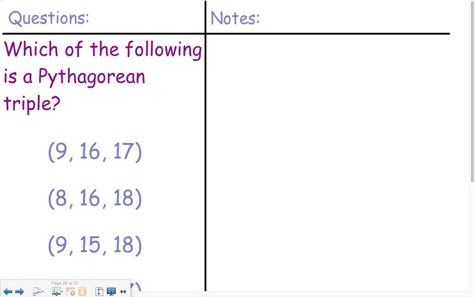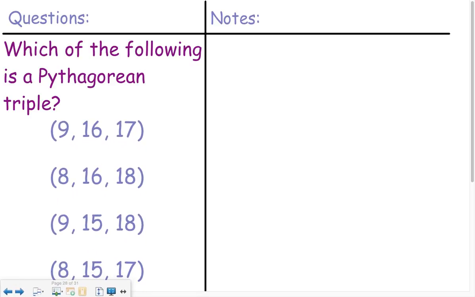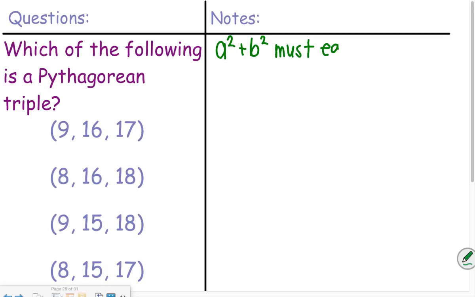All right, last one. Which of the following is a Pythagorean triple? So a Pythagorean triple means that it makes a right angle, or a right triangle, I should say. So that means that a squared plus b squared must equal c squared for it to be a right triangle.